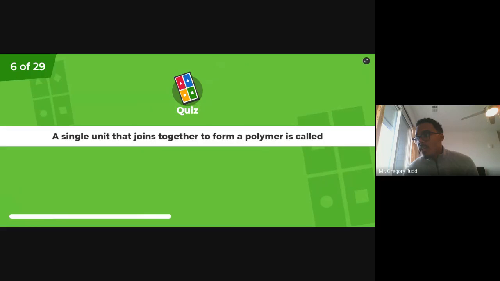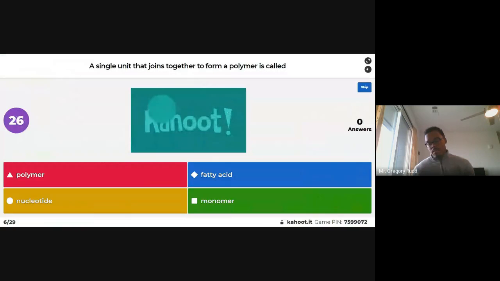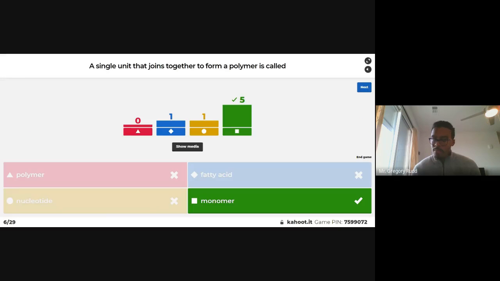A single unit that joins together to form a polymer is called, I was just talking about this. Good, a monomer. We join together monomers and it creates a polymer.